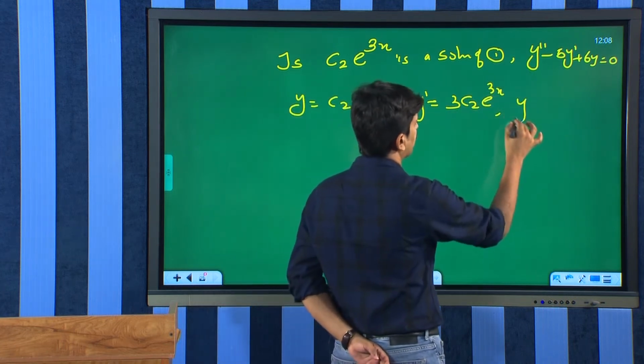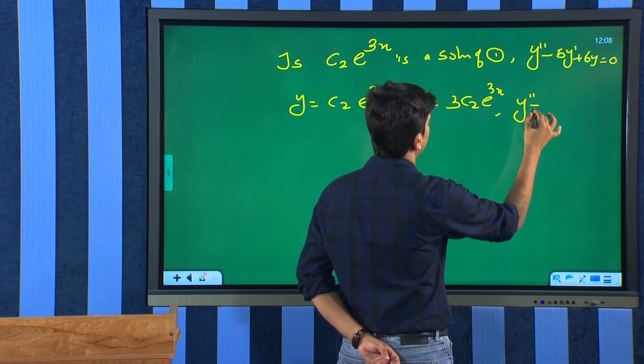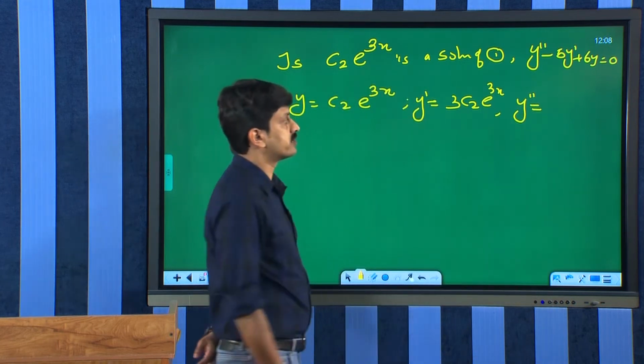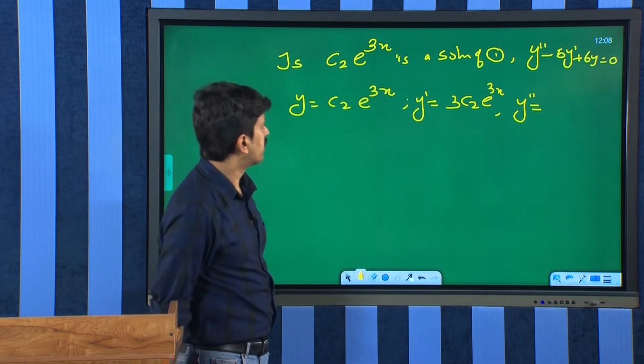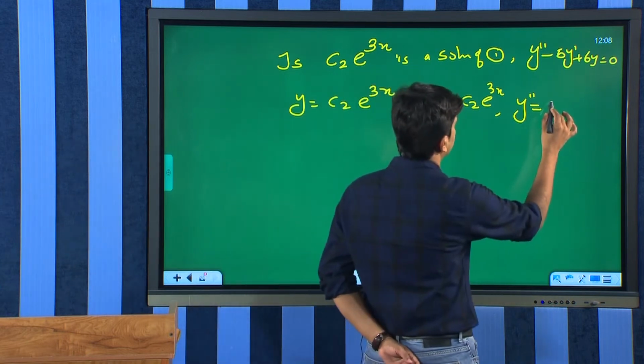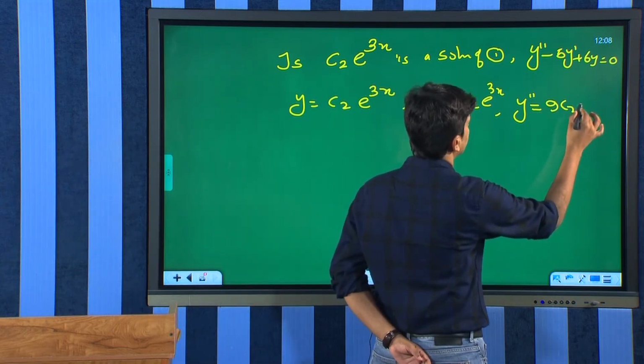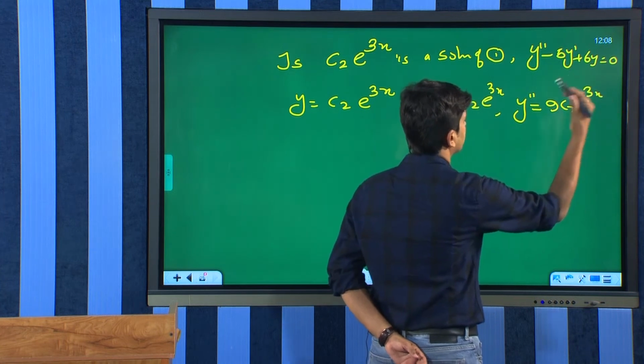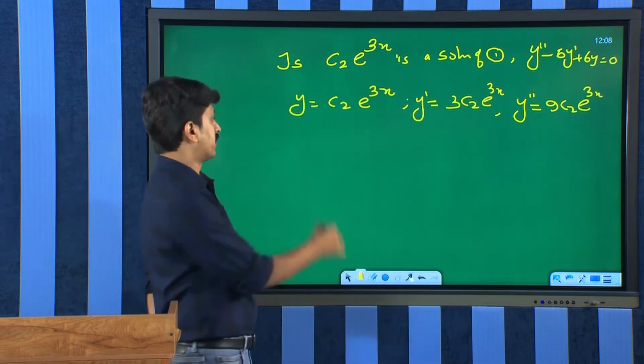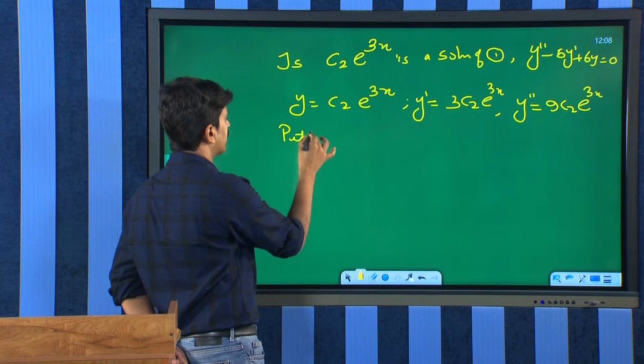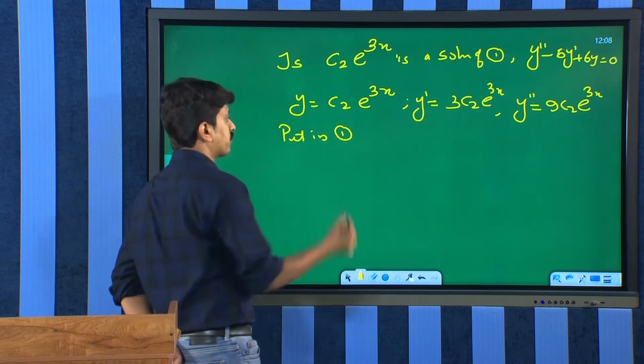And again y double dash is equal to 3 into 3, that is 9c2 e^(3x). Put in 1.